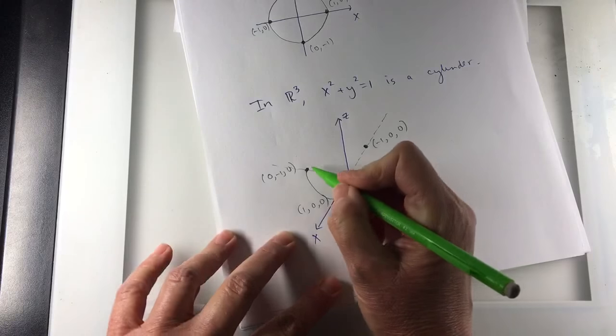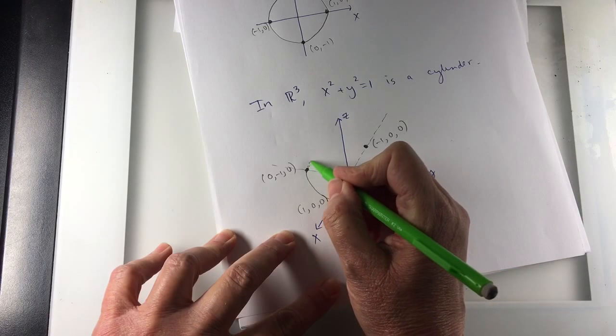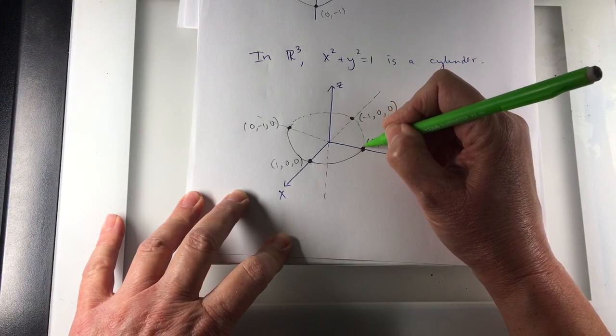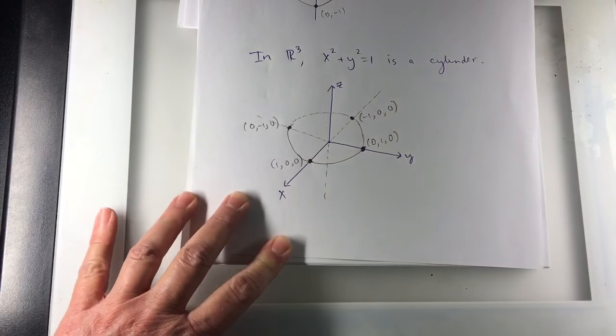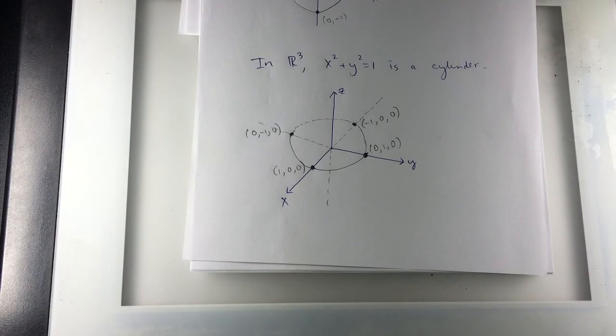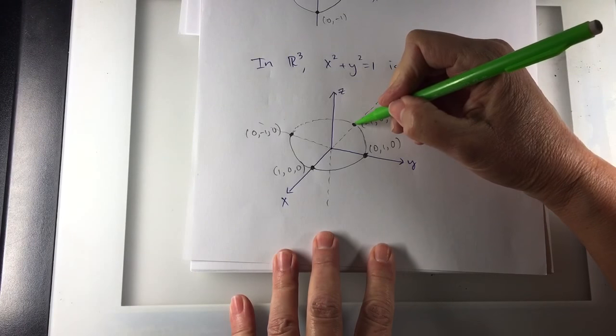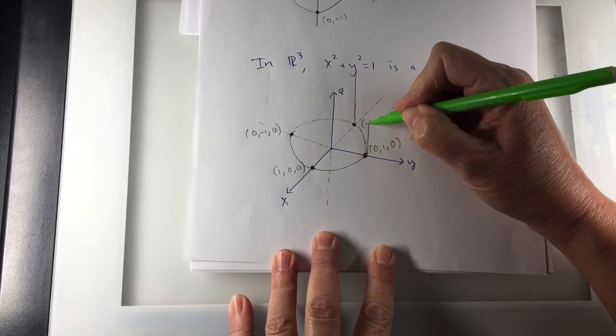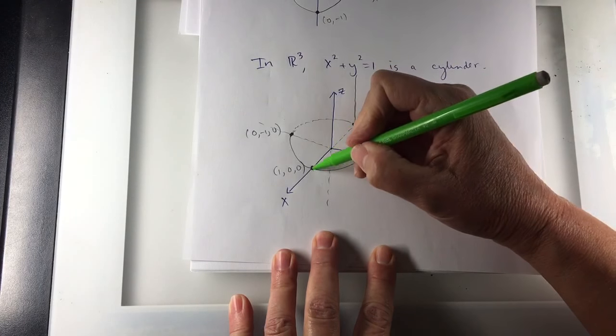In fact, you could say, you know what, this back side I probably wouldn't see, so you could dot that in. That's the circle that's in the xy plane. To get the cylinder from these points, I'm going to draw lines parallel to z.